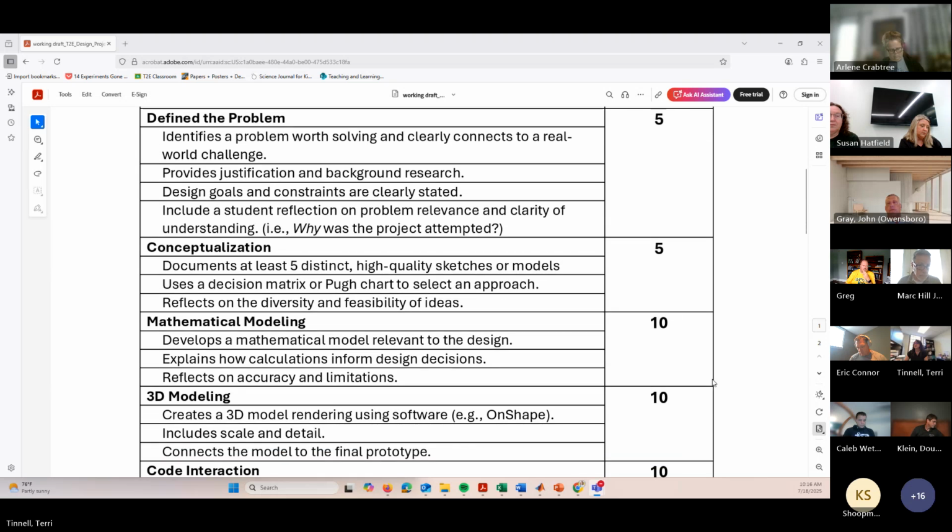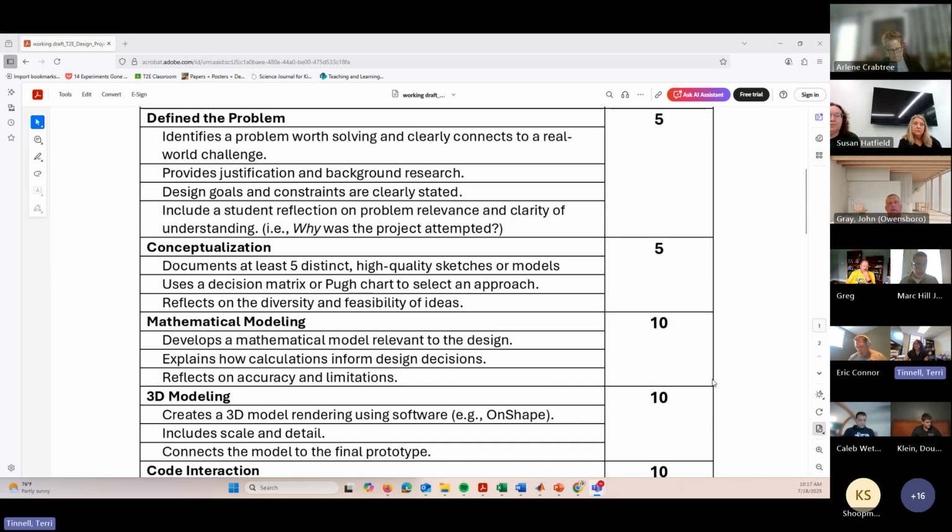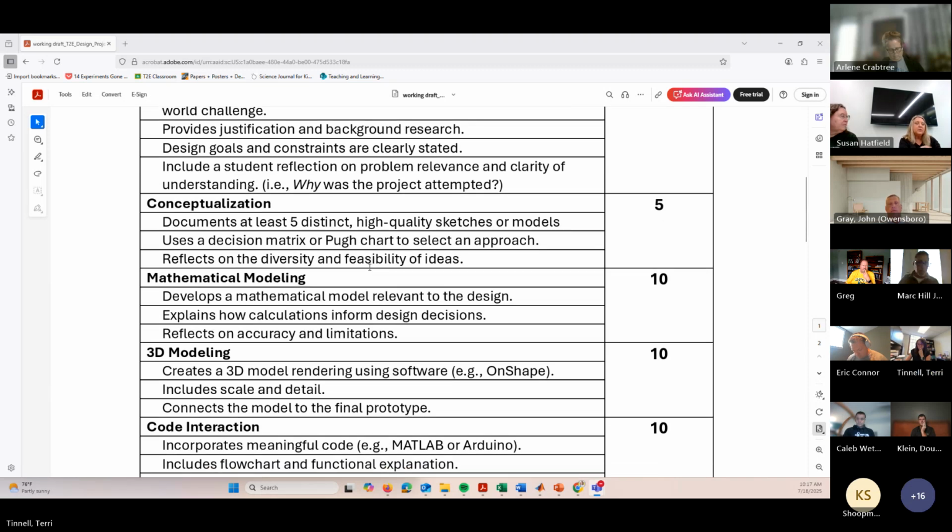And it goes down through, from defining the problem through conceptualization, starting to think through ideas and processing those. Again, thinking back into those dates, like if you're generating ideas towards the kickoff, these first two things really play in.